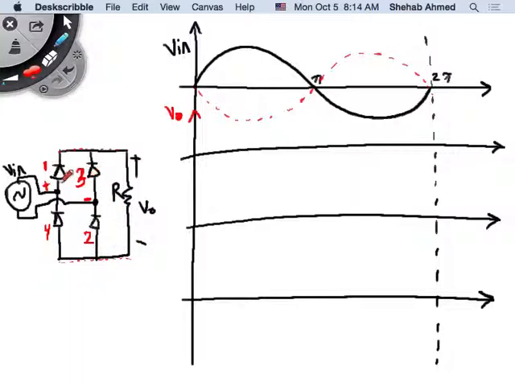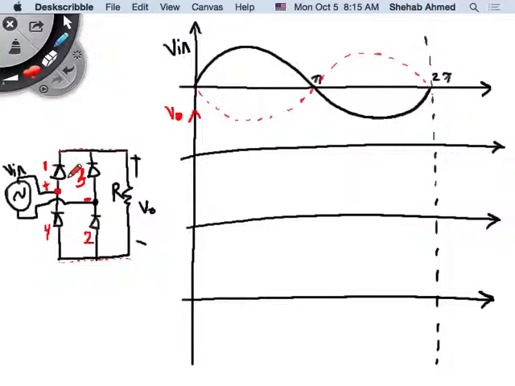Okay? So if this is the most positive potential in the circuit, right here, can this diode be on? This diode cannot be on because I have the most positive potential right on top of it. So I'm actually reverse biasing it using the most positive potential in the circuit. So this diode 4 will probably not be on.